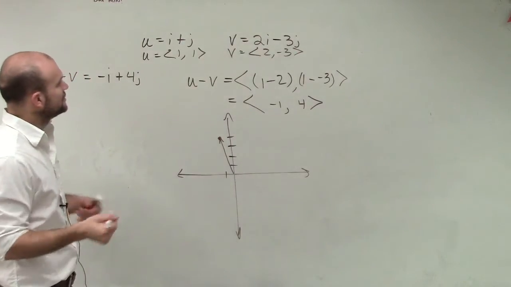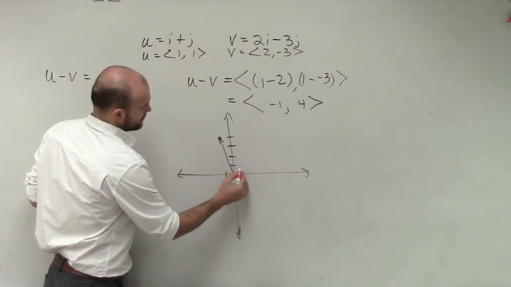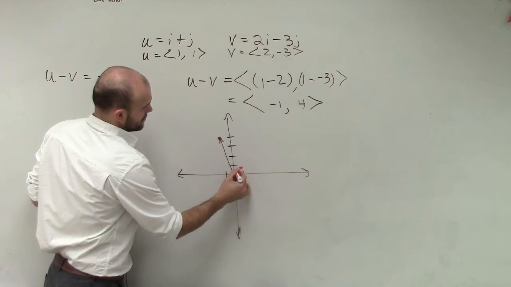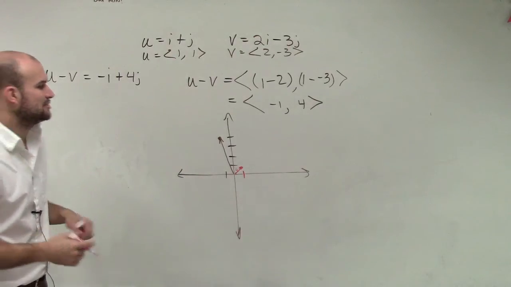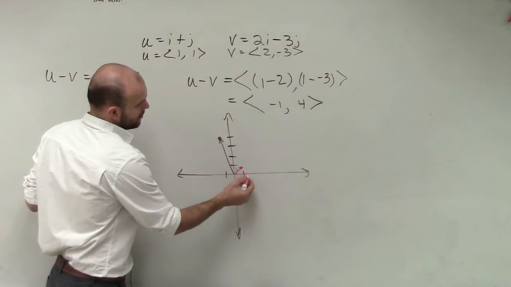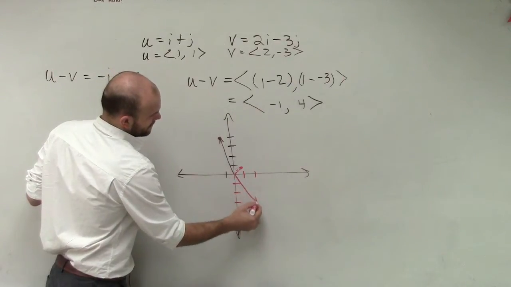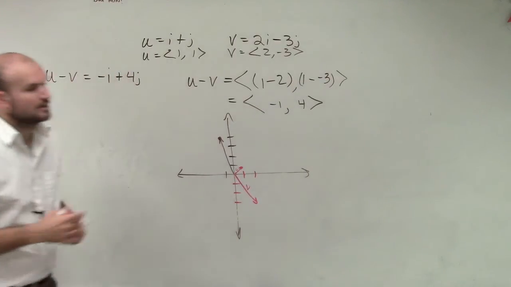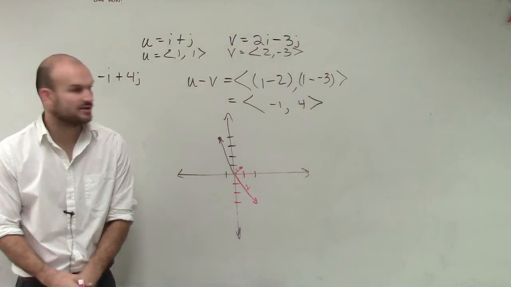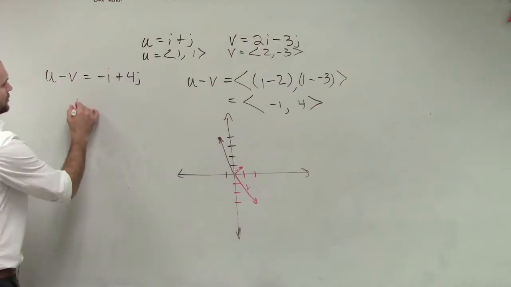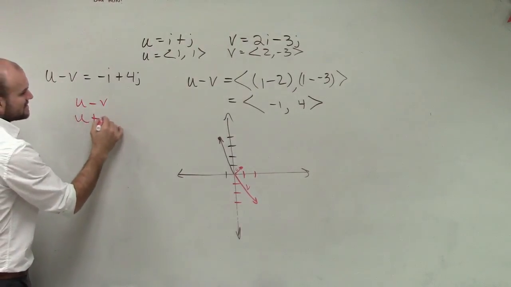If I was going to plot u, we know that u is at 1, 1, right? Okay, that's u. And we know that v is at 2, comma, negative 3. 1, 2, negative 3. 1, 2, 3. Okay? So ladies and gentlemen, if I want to figure out what the resultant vector is, rather than saying u minus v, I would like to do u plus negative v.